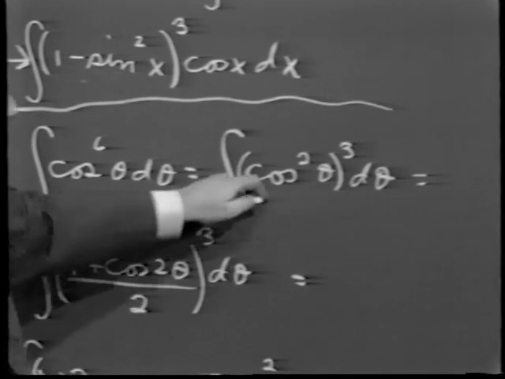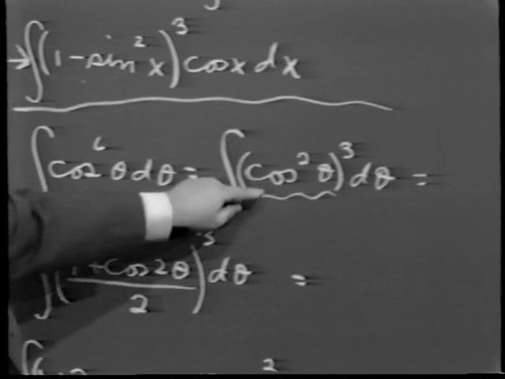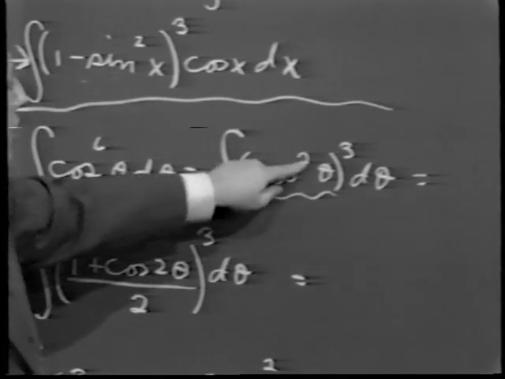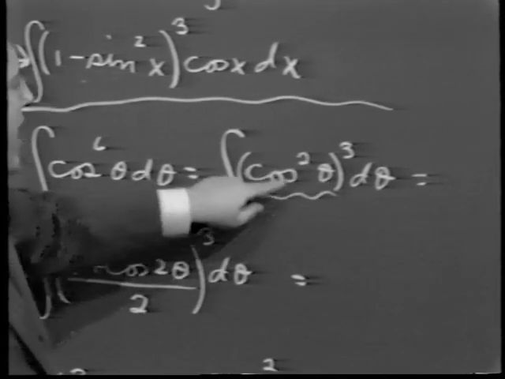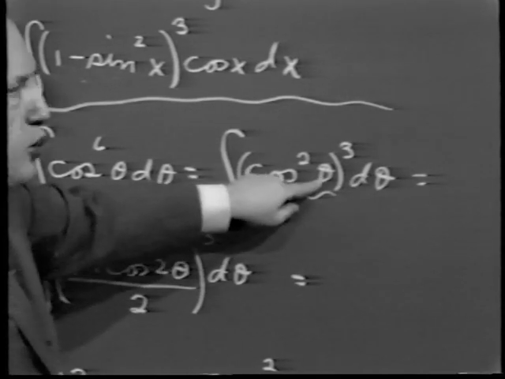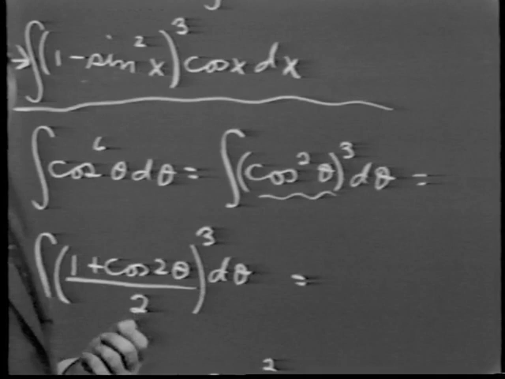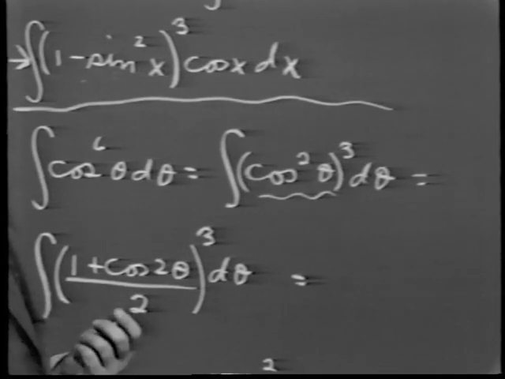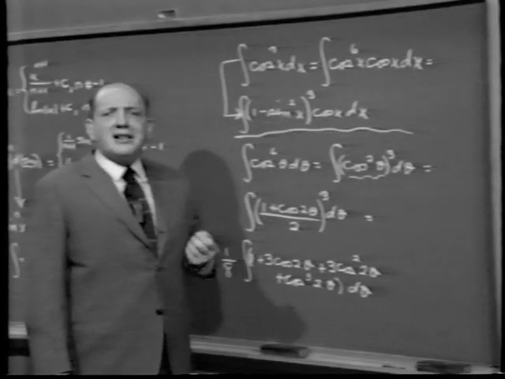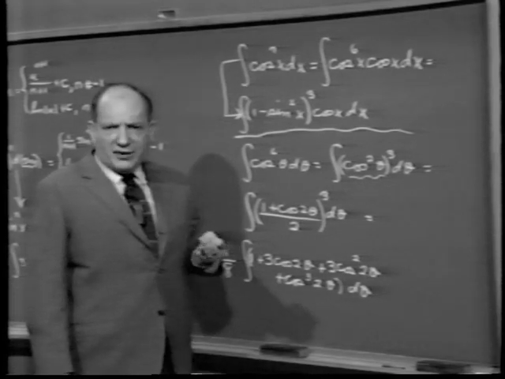In this particular case, a very common device is to invoke the identity that cosine squared of an angle is 1 plus cosine twice the angle over 2. Again, this is where all of these particular identities come into play. It's not a case of saying, let's learn these identities so that we can recite them.